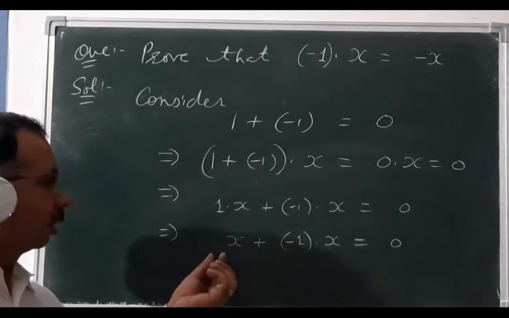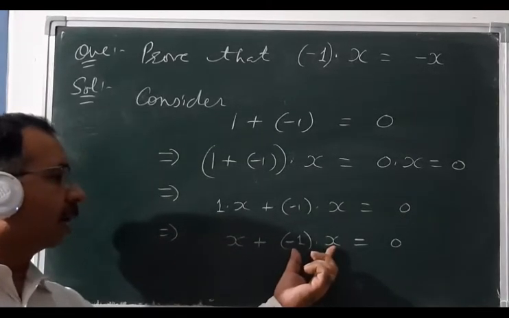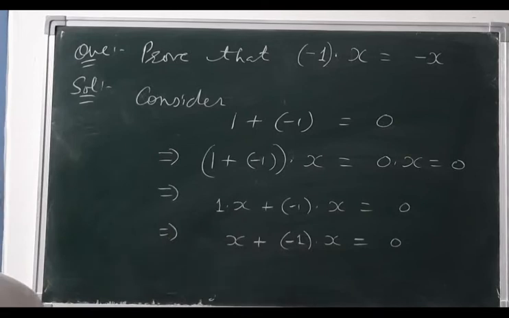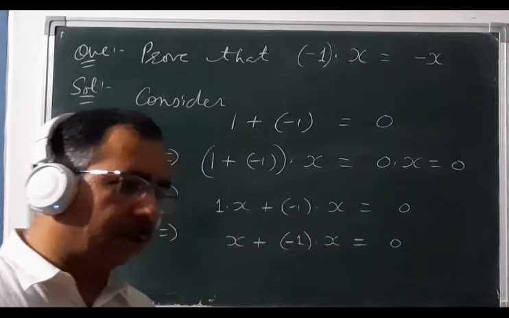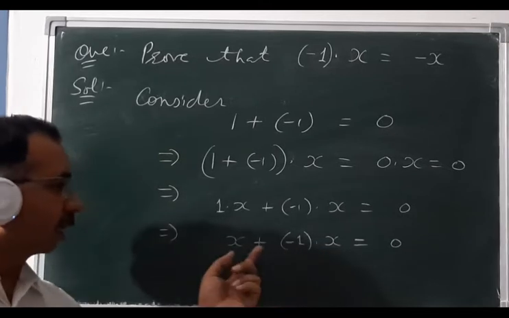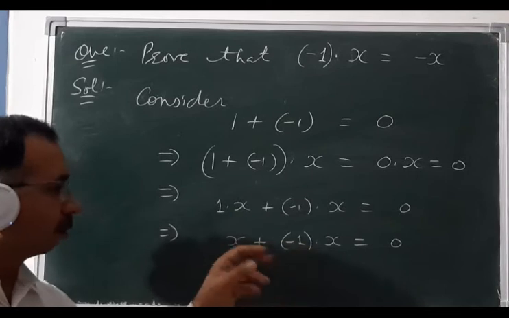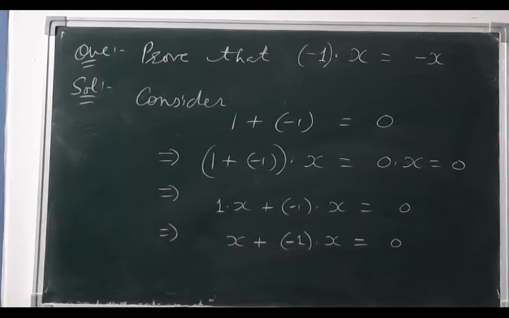Now it means this number has additive inverse this number, but by the definition of additive inverse, if this number is the additive inverse of that number, then one will be the negative of the other.